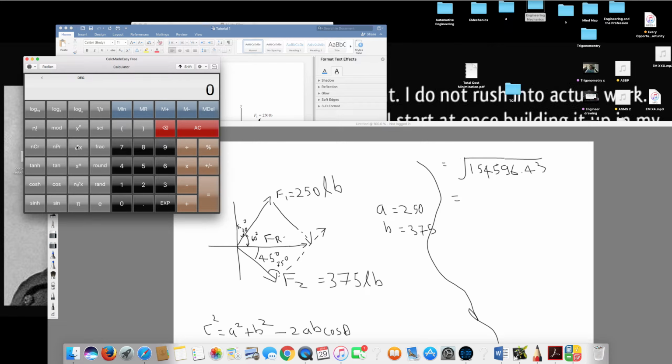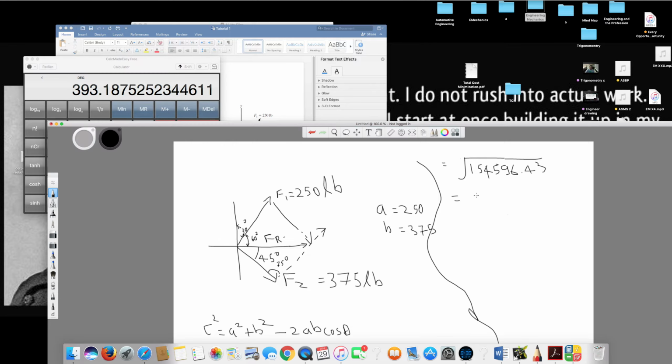Square root of 154,596.43 is equal to 393.2 lb. So this is gonna be our resultant force. So we have found the resultant force successfully.